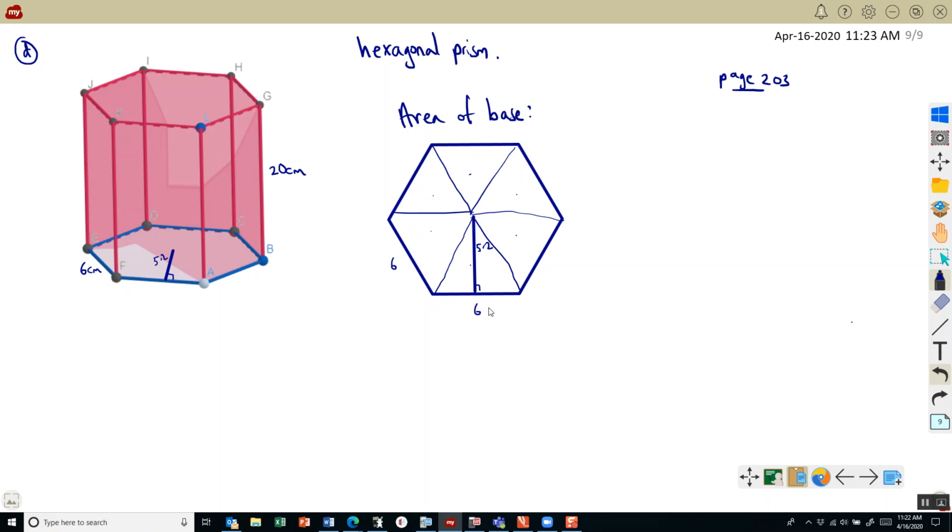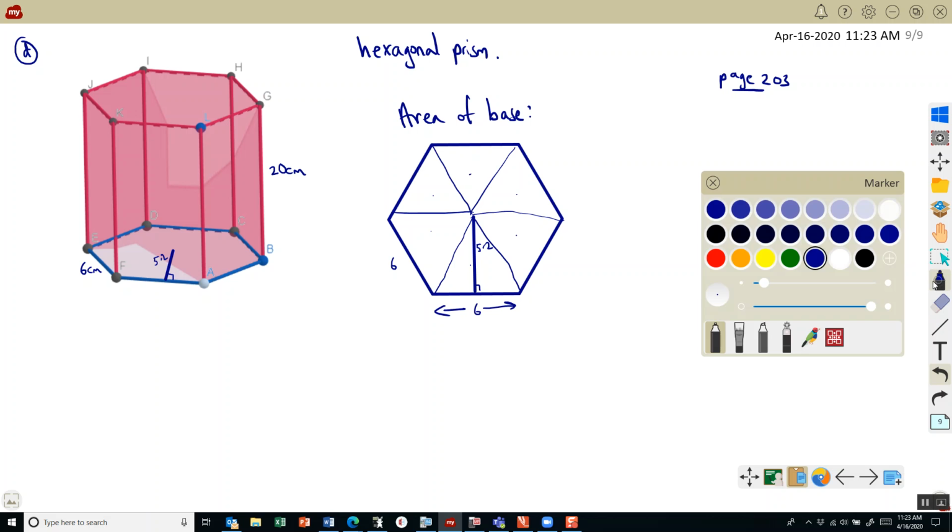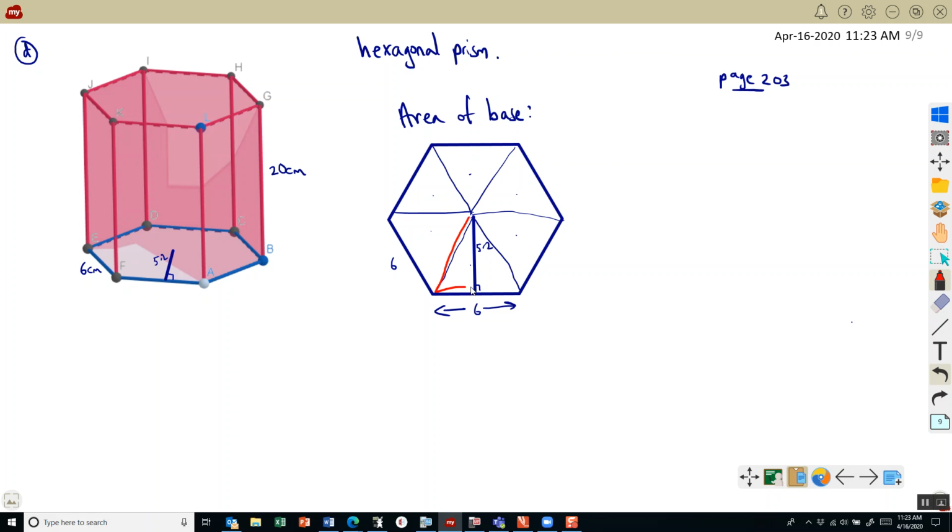So, how do I work out the area of, let's say, this little triangle? I'll just color it in. Well, it would be base times height. Base is 6, the height is 5.2, and because it's a triangle, we have to divide it by 2. So it's going to be 5.2 times 6, and divide our answer by 2.